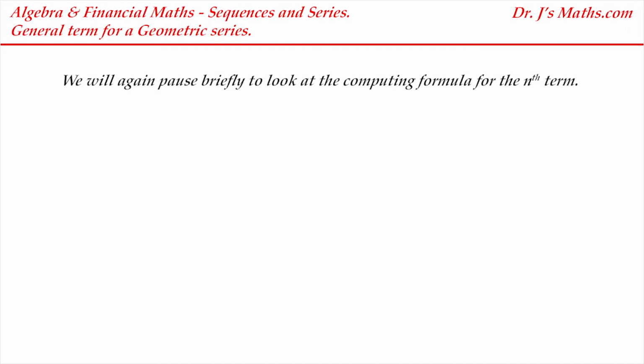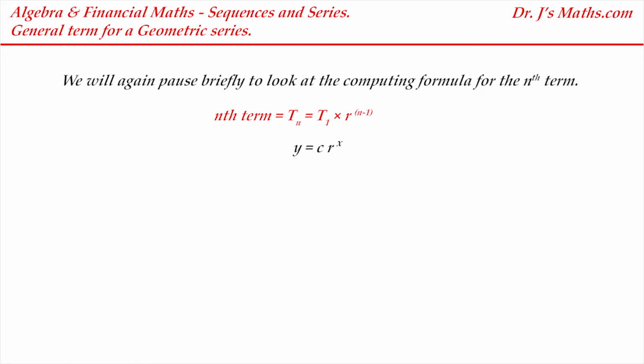Just as we did for the arithmetic sequence, we can also pause here to look briefly at the computing formula for the nth term that we have just developed. So the nth term is equal to Tn, which is T1, first term, times r, common ratio, to the n minus 1. Which is, if we put it in different symbols, we could say that y was equal to some constant c times r, the common ratio, raised to a particular power.